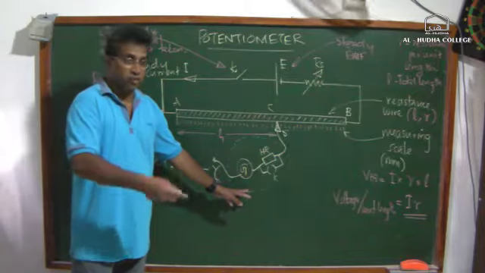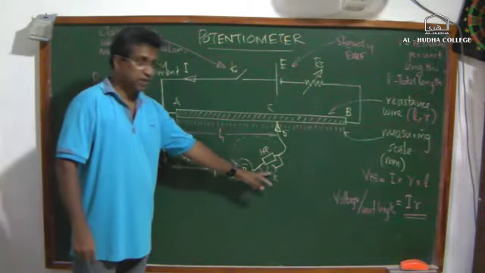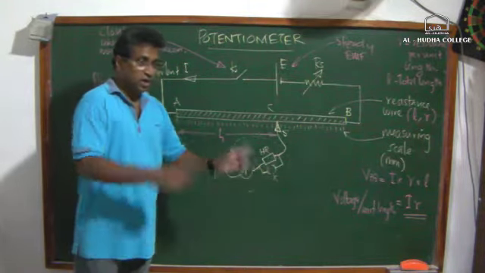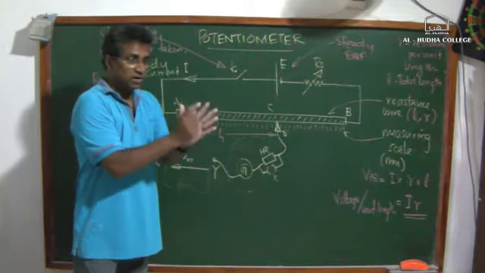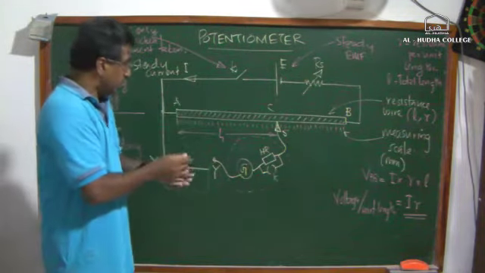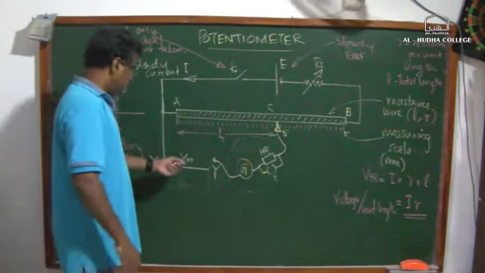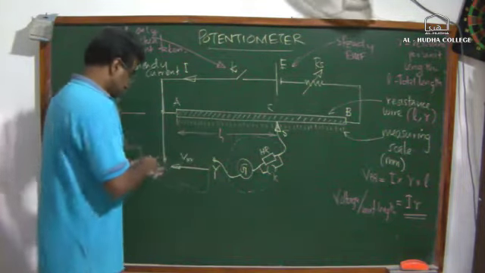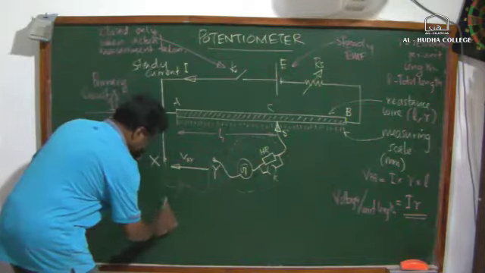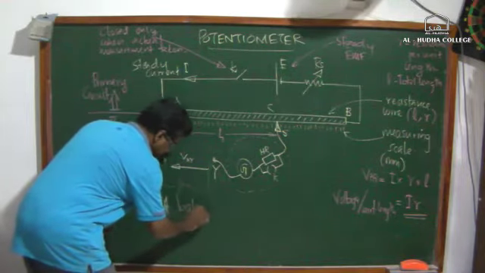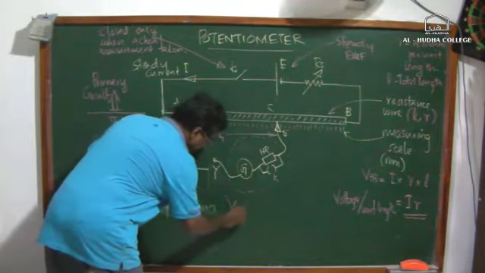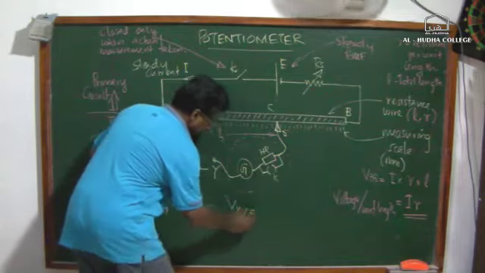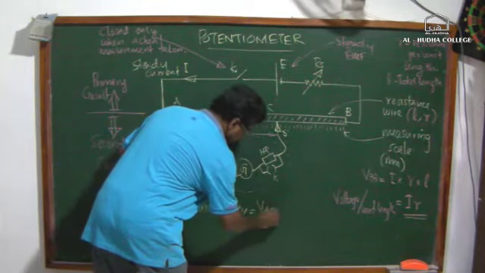Right? Again, if you want to improve the balance, you can close K and fine tune it to come to the balance position. At the balance position, Vxy is equal to Vac.